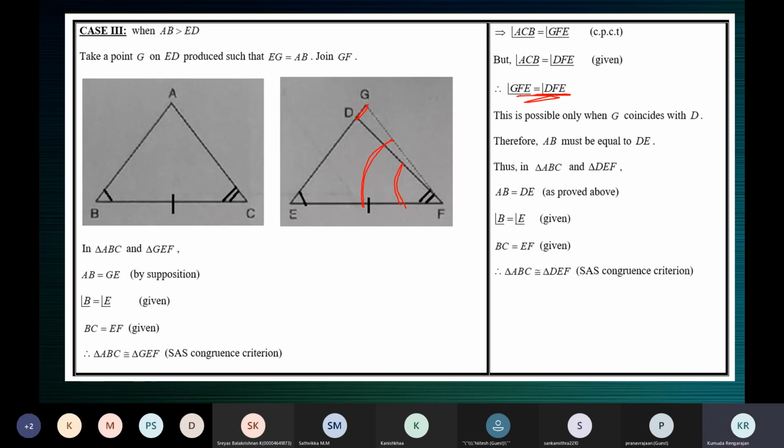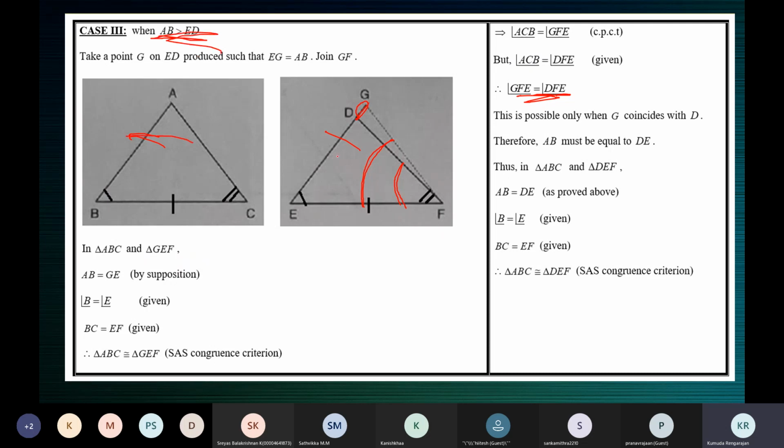There is only one line segment DE. So this means that AB is equal to DE. There is no other point like G. G and D are the same point. That means AB greater than ED is not true.